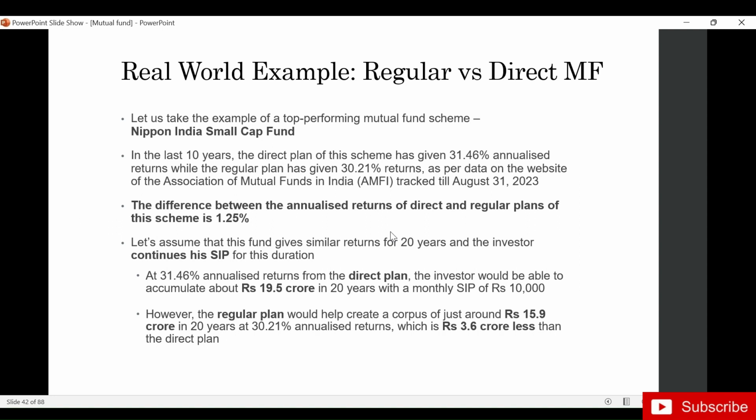Just by switching from the regular plan to the direct plan, the investor can earn rupees 3.6 crores more. So if you can do your own due diligence and research and pick your own mutual funds, then it is always advisable to invest via the direct plan because you will get much higher returns over a long period of time.